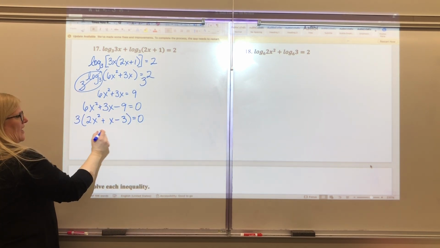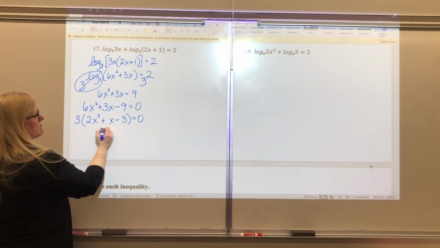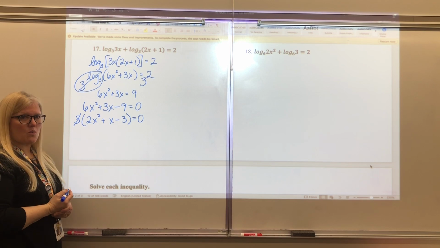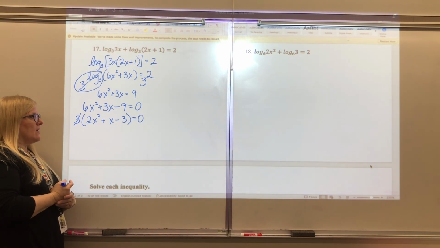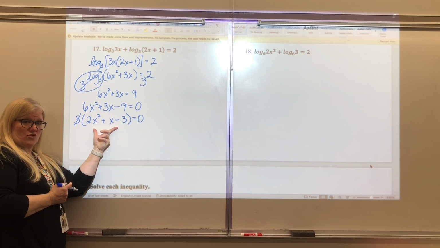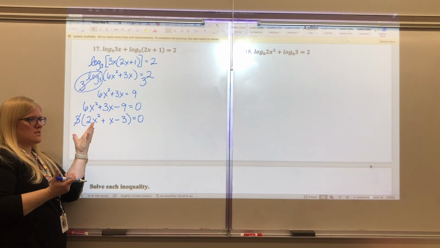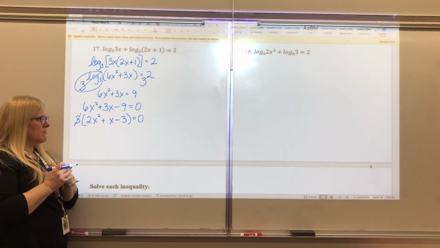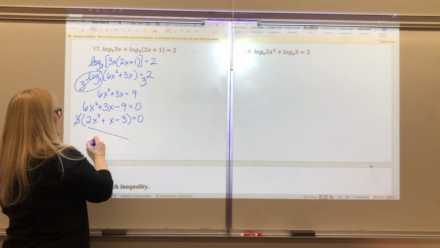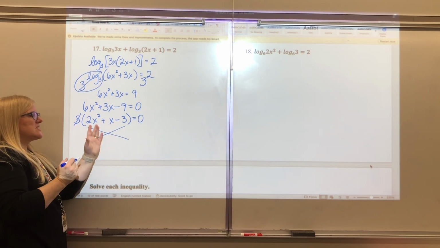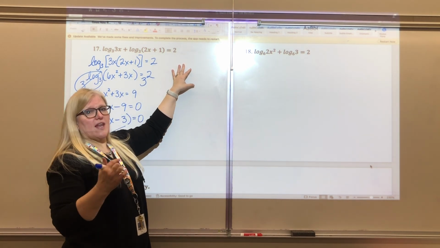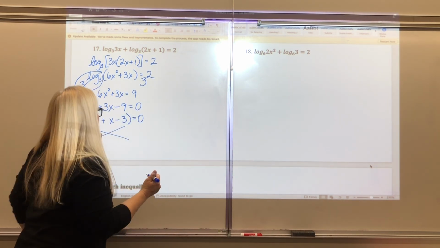All right, and I'm just going to skip the step where we divide both sides by 3, so the 3 goes away. Okay? All right, this is factorable. How do I know? Well, because I did it ahead of time. But if I use the Xbox method, I'll see that I can create another equation that has 4 terms.